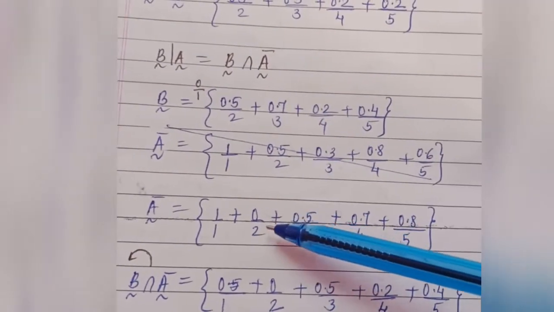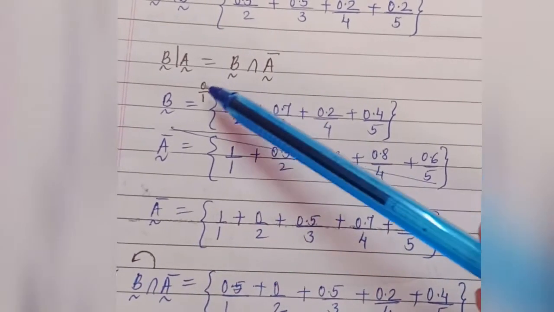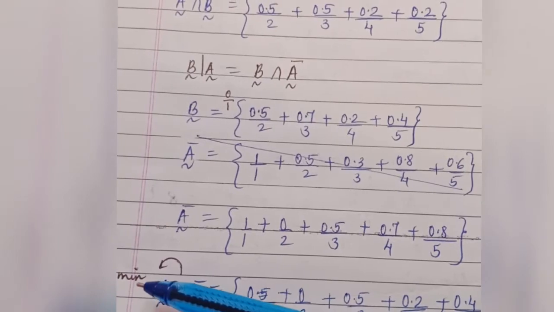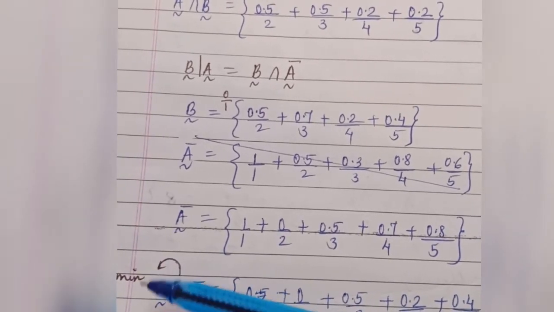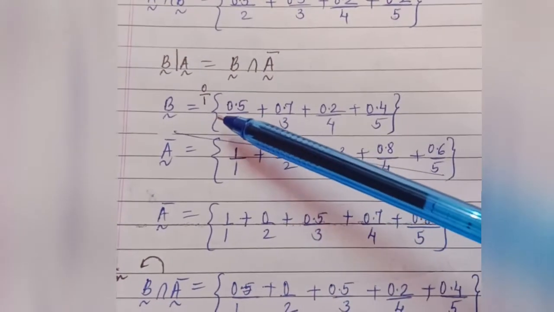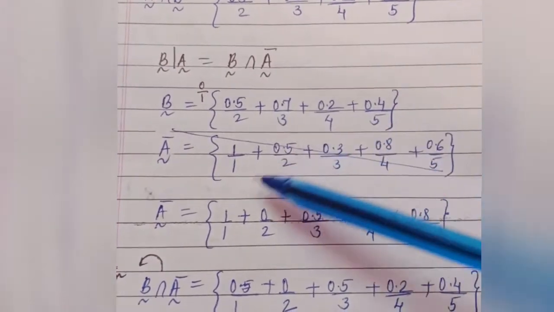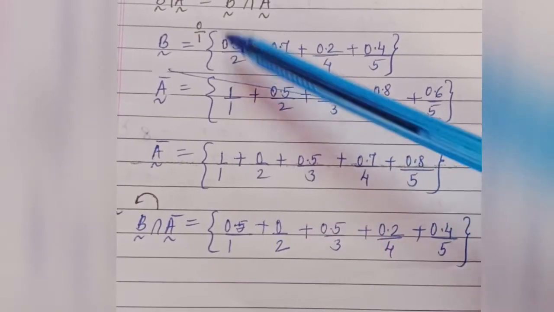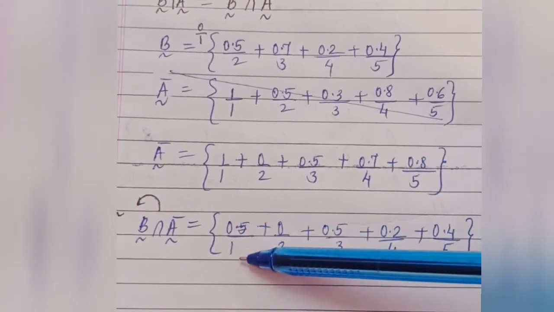So let's start and find B difference A. Use B intersection A complement and use minimum. Select the minimum element. Let's start. So consider set B and the A complement set. Compare and select minimum, that is 0. Write it as 0 upon 1.